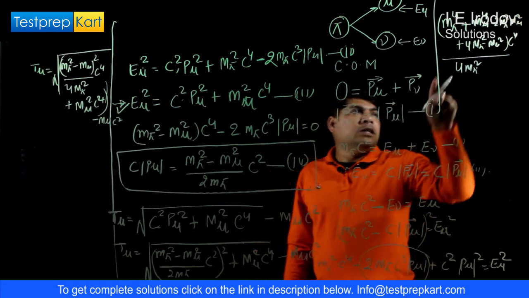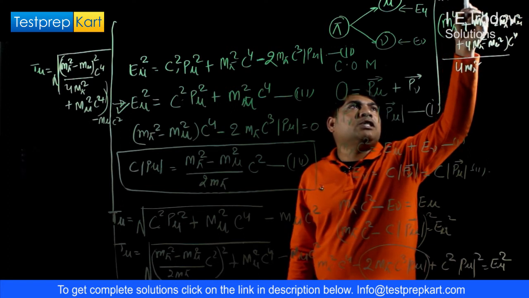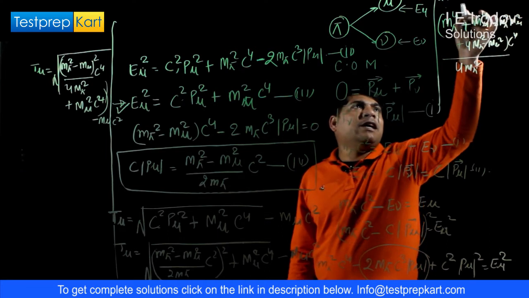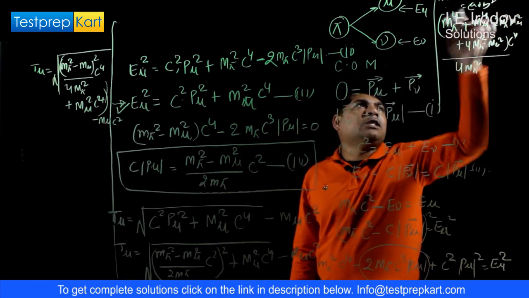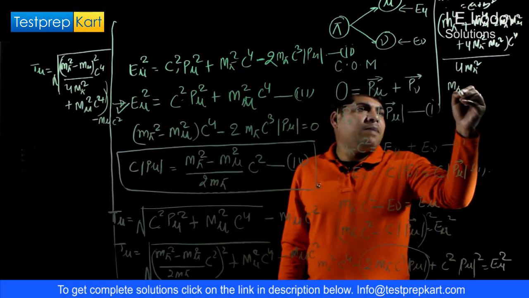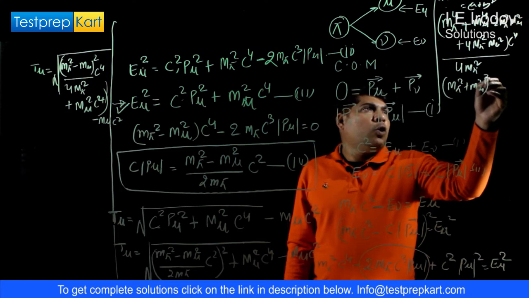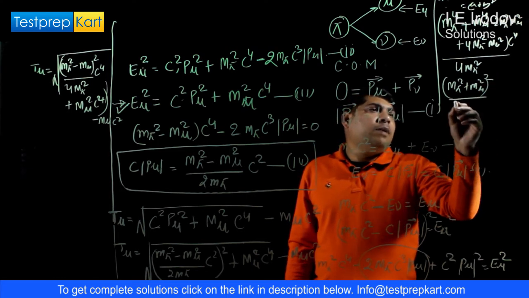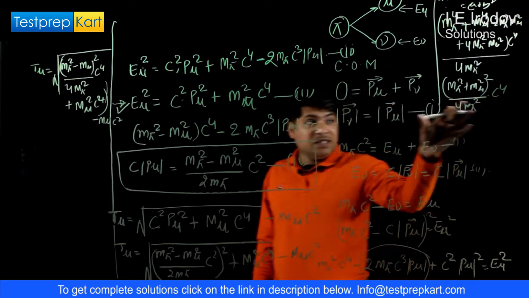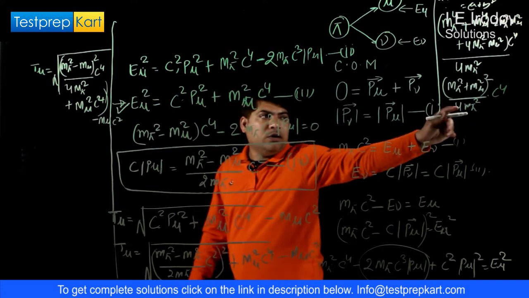Now see, this is the simple expression a² plus b² minus 2ab plus 4ab, so from there we will get (a plus b) whole square. So we can write this term as (m_pi² plus m_mu²) whole square divided by 4m_pi² into c⁴, this entire bracket under the root.